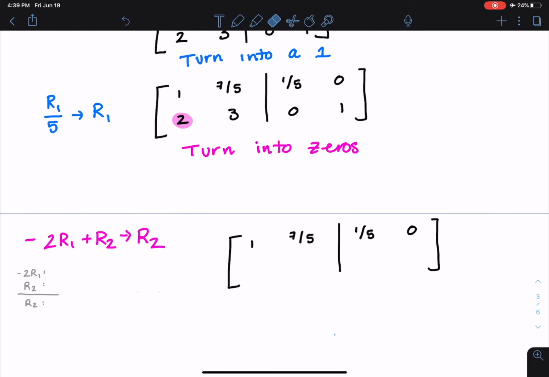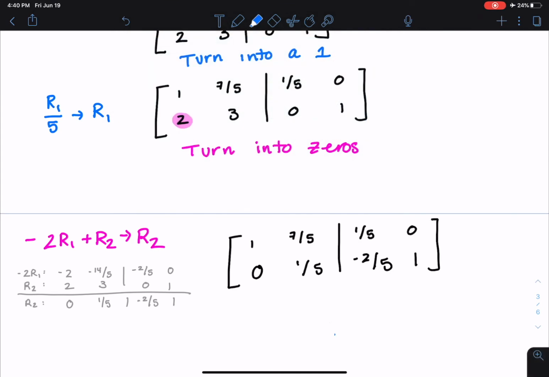If I take -2 row 1, that'll give me -2, -14/5. I've got my bar, -2/5, and 0. I want to add to it row 2. And when we add these, we'll get 0, 1/5, -2/5, and 1. So my new second row becomes exactly what we just found.